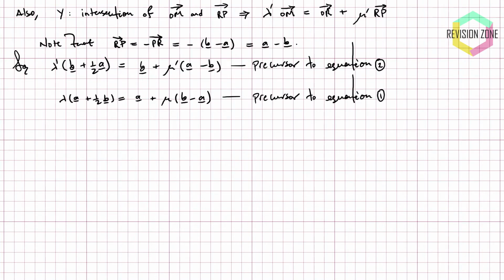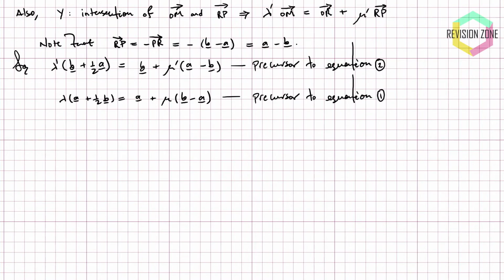So we've got some scalar, and then I've got B plus a half A, I've got A plus a half B, I've got B here, I've got A here, I've got A minus B here, I've got B minus A here. So in other words, these two equations are literally exactly the same. The only difference is the A's and the B's are swapped. And rather than having lambda and mu as my scalars, I've got new scalars that I'm calling lambda prime and mu prime, okay?